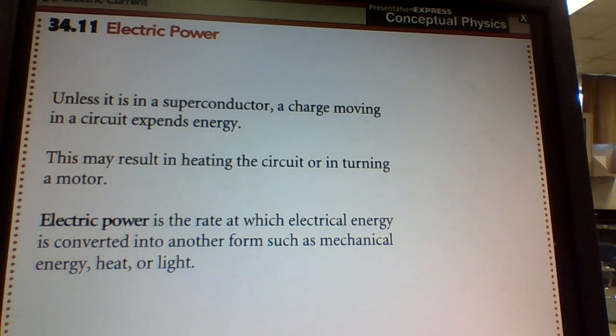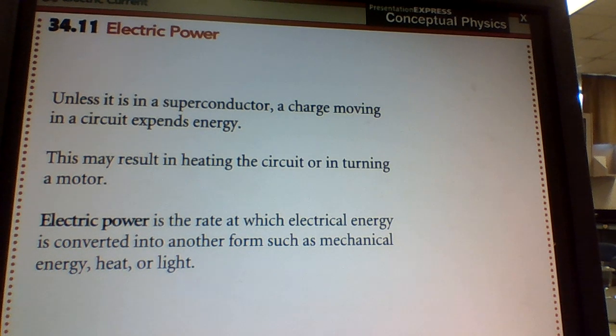So unless we have a superconductor, anytime a charge is moving in a circuit, it expends energy. This may result in heating a circuit. It could turn a motor.